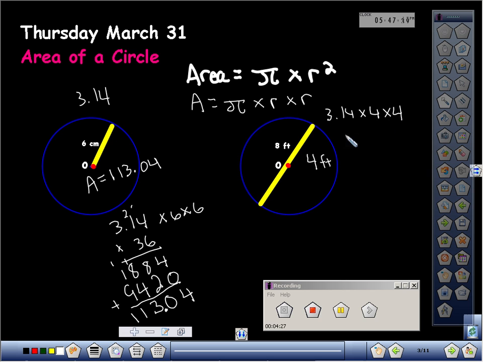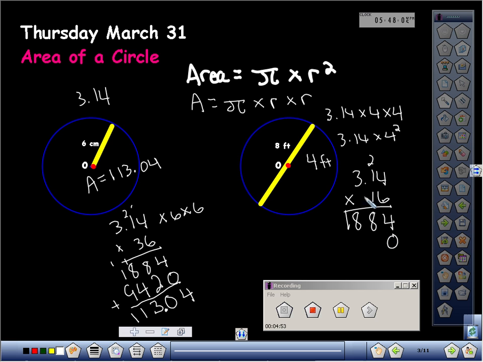Or another way you might see it, I want you to be familiar with this, 3.14 times 4 squared. Notice the 2 is up at the top. That means 4 times 4. So 4 times 4 is 16. So now we have 3.14 times 16. 6 times 4 is 24. Carry the 2. 6, 7, 8. 6 times 3 is 18. That looks familiar, same as over here.